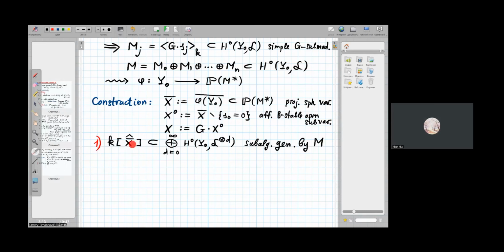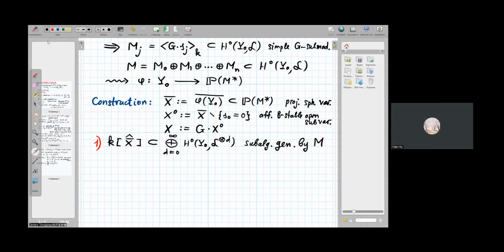The homogeneous elements of this subalgebra are exactly the homogeneous forms, the homogeneous polynomials generated by vectors in M. So you may take a basis of M. The basis vectors will be the coordinate functions, the projective coordinates on this projective space. And we consider homogeneous polynomials, homogeneous forms in these projective coordinates. And this exactly gives you this algebra. Okay?